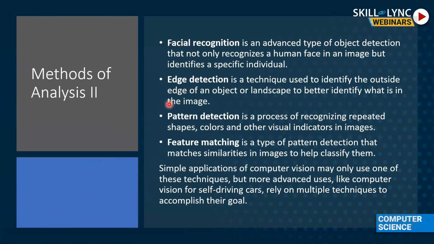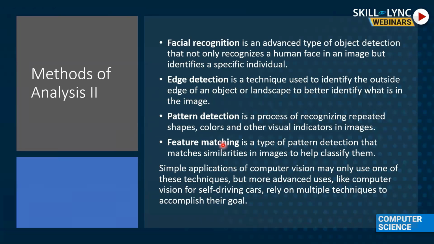We can detect these edges using some CNN, which is convolution neural networks. We can use some image processing filters like the Sobel filter. We have Canny edge detection filters to detect the edges. They help us in detecting the objects better. So all these tools come under the bundle of edge detection.